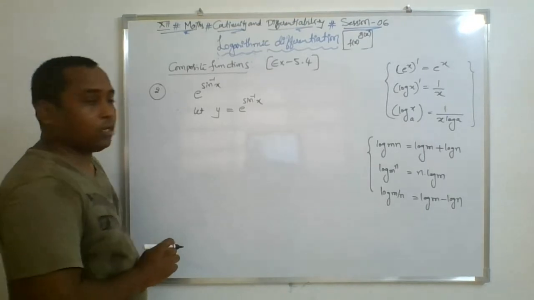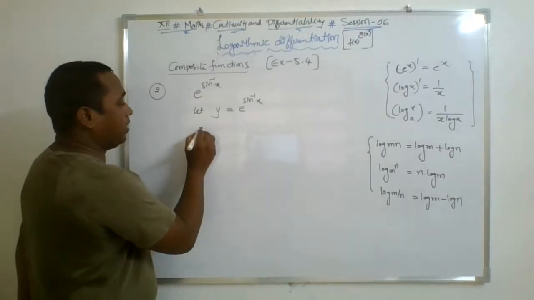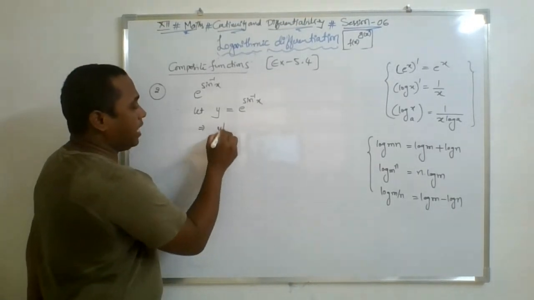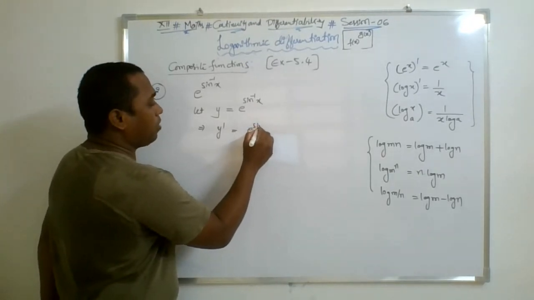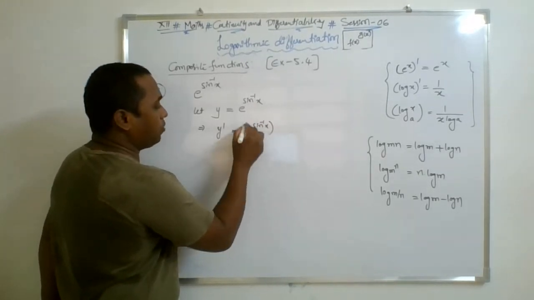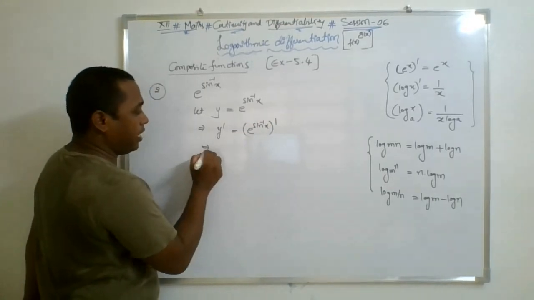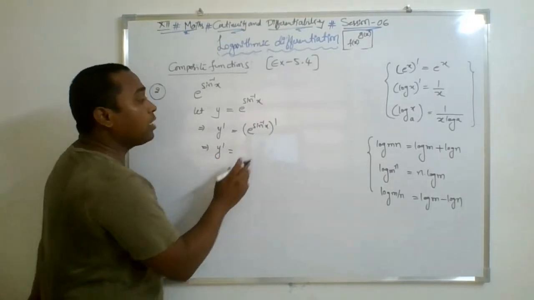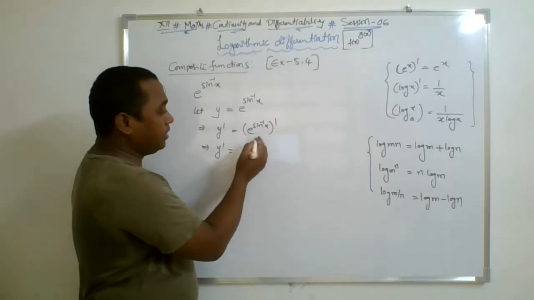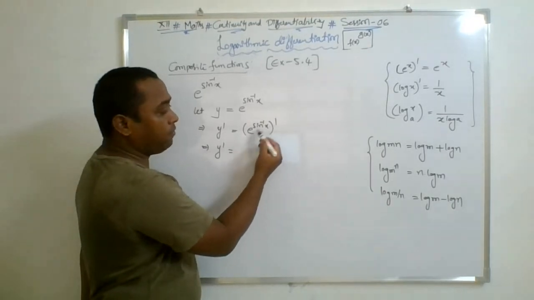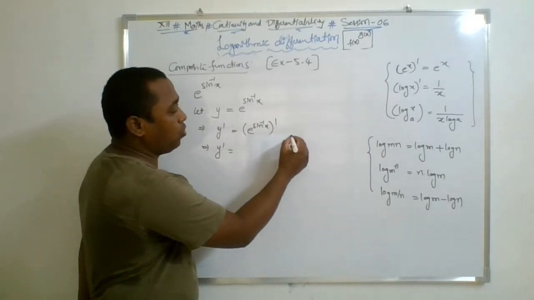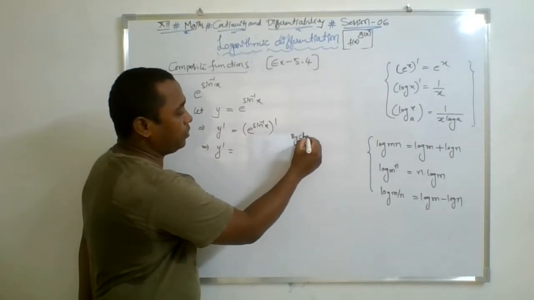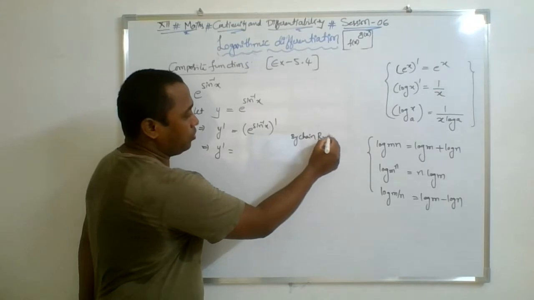Now take the derivative on both sides, so y dash is equal to e to the power of sine inverse x whole dash. This is a composition function, so you can find the derivative by chain rule.